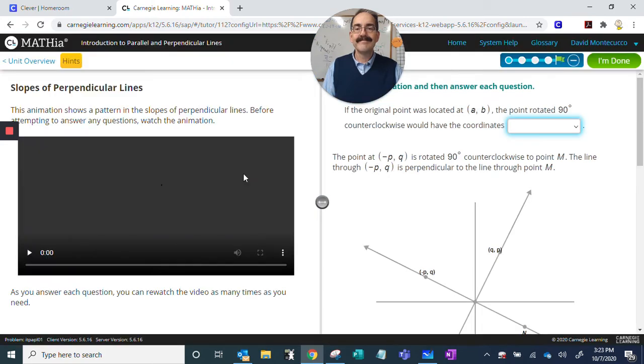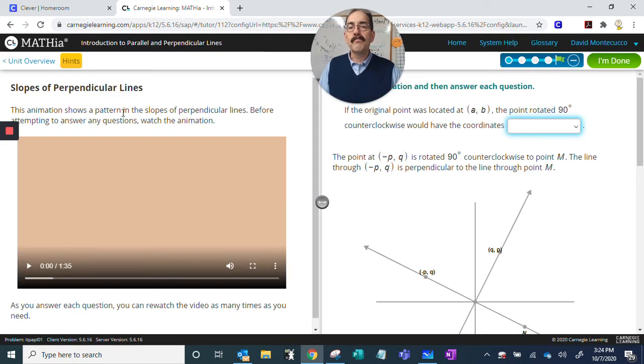All right, slopes of perpendicular lines. Now, I love having other people teach us stuff because they're going to show it in a different way. Remember, we talked about flip it and opposite it? Let's see what they say.